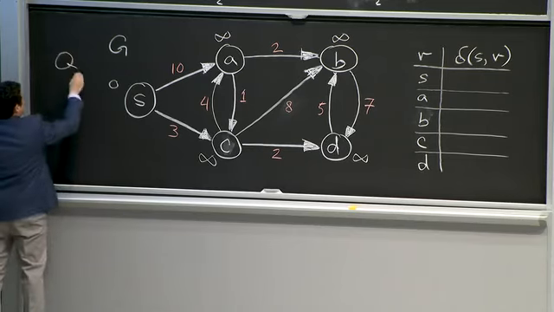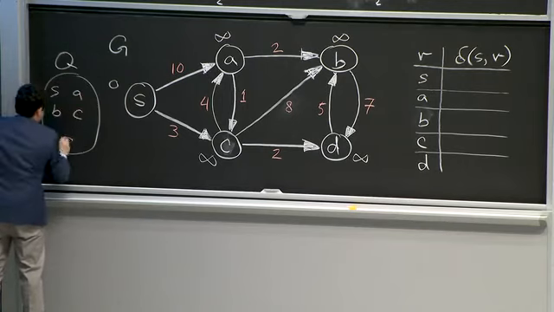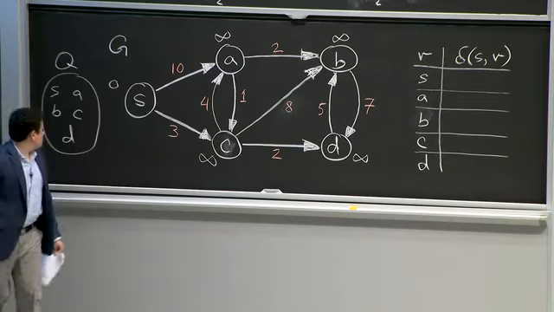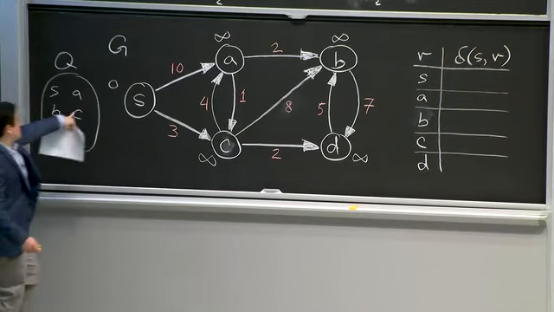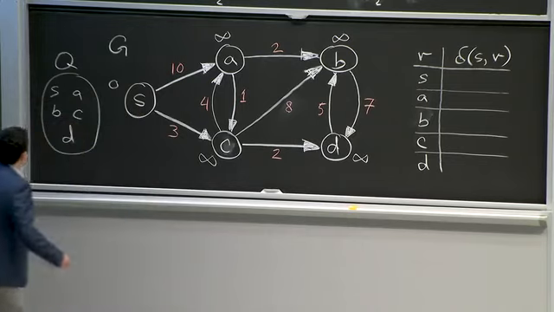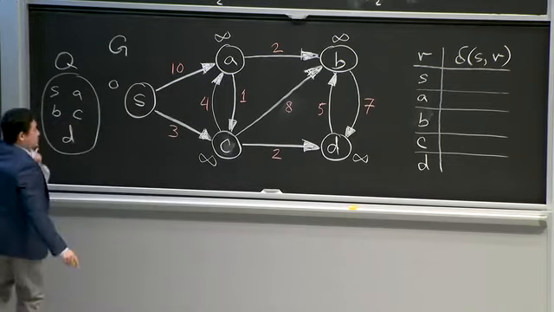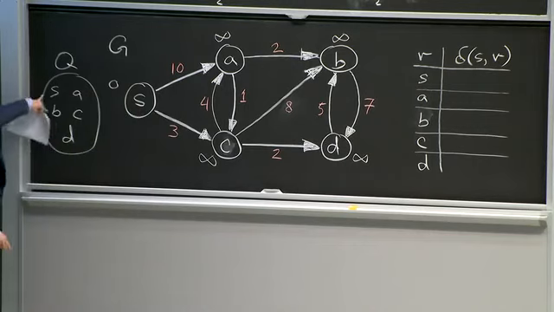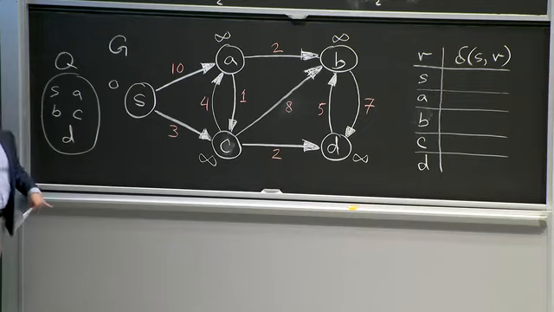It's everything: vertices S, A, B, C, D. I got 5 items in my queue. Really, it's the item pair with its shortest distance estimate. I'm just not going to rewrite that here. So what's the while loop? Q is not empty. Great. We're going to delete the one with the smallest distance estimate, which is S.